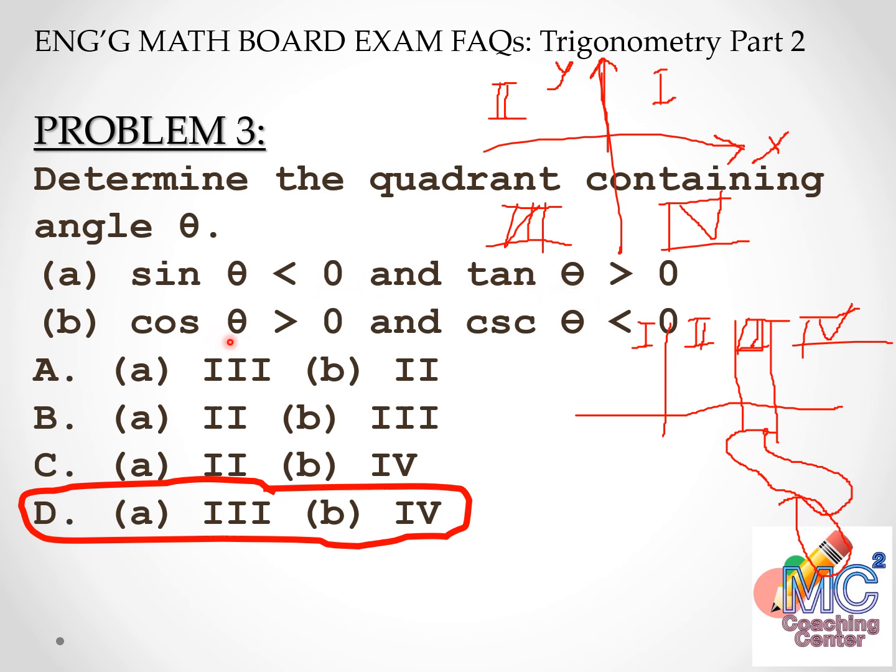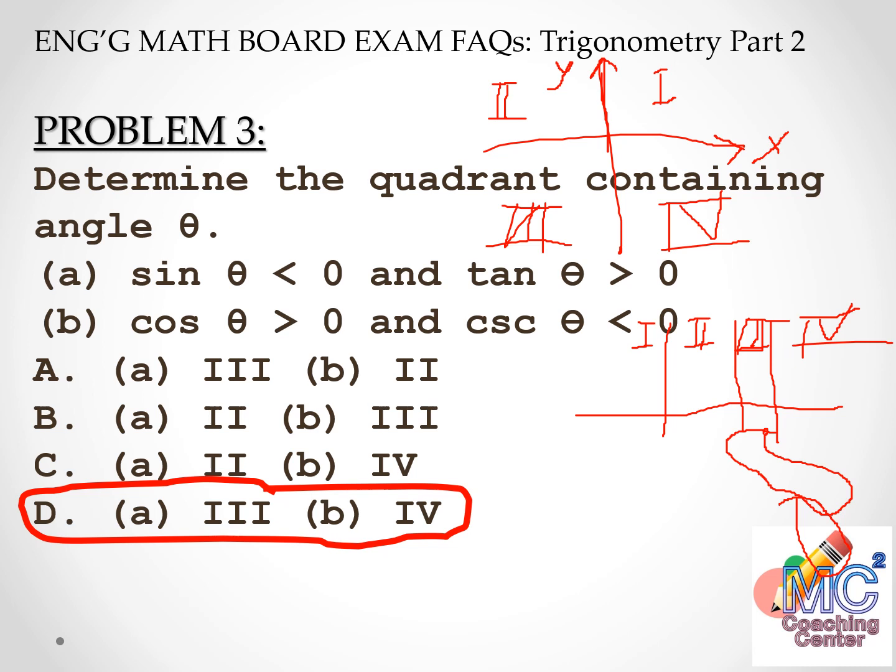Ito naman, positive yung cosine, either the first or the fourth quadrant. And ito naman, negative si cosecant. Ano ba si cosecant? Reciprocal ng sine.